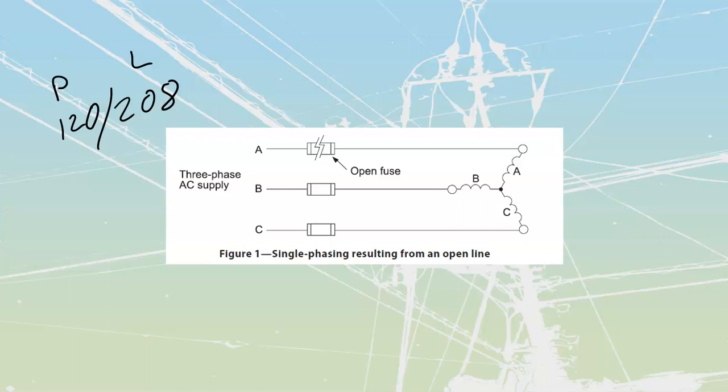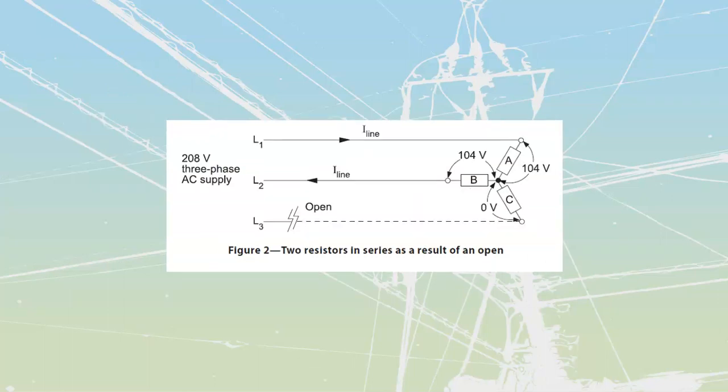Over here inside of the book, they show us this drawing, where they still have all three of these together in the exact same Y type of connection. It still looks like a Y, but we have actually lost our connection on one of our lines. Here we've opened up line 3, our C phase, and as a result we have values of voltage that are changing.